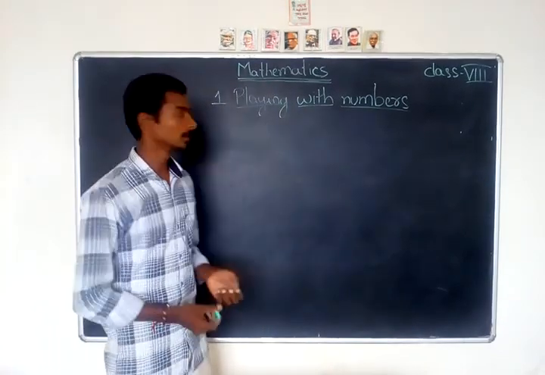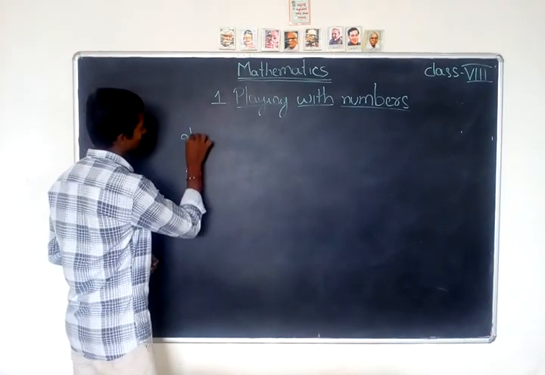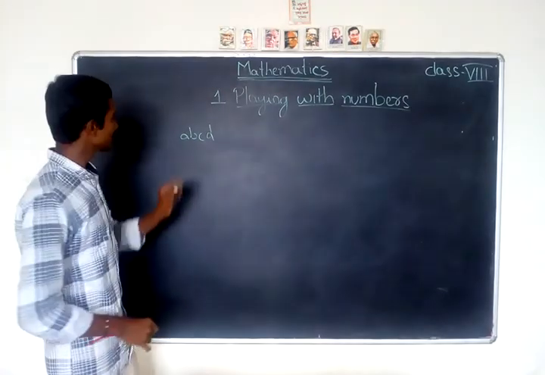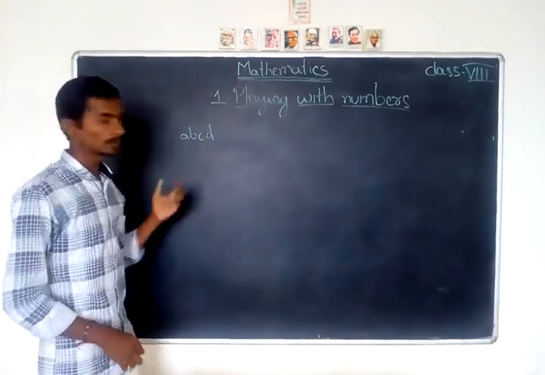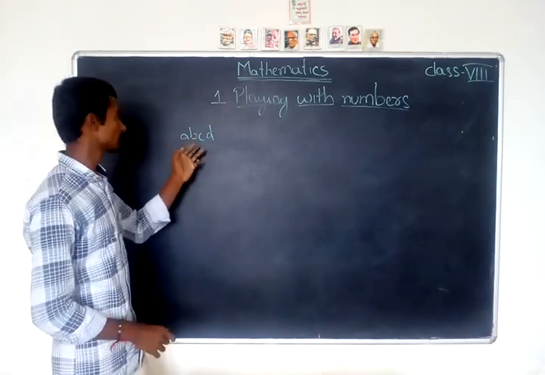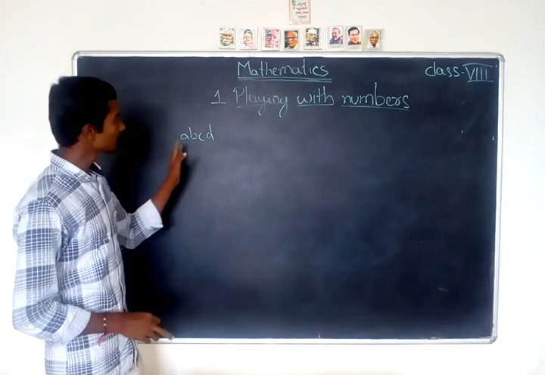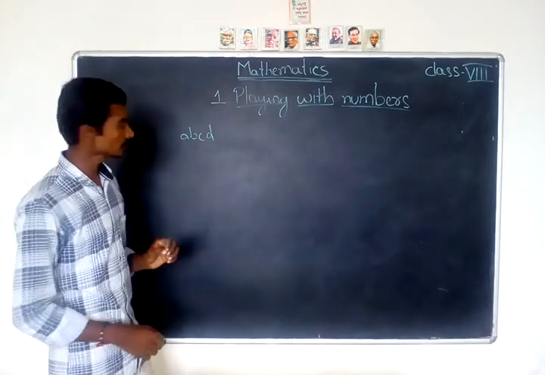Suppose there is a number like A, B, C, D. Think that this is a 4-digit number where A has some value, B has some value, C and D have also different values. Then a number like A, B, C, D can be written as how?